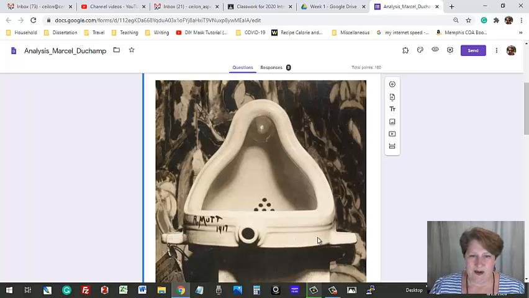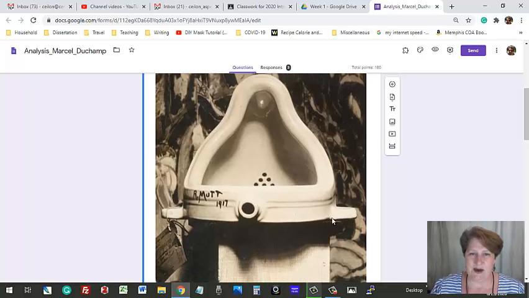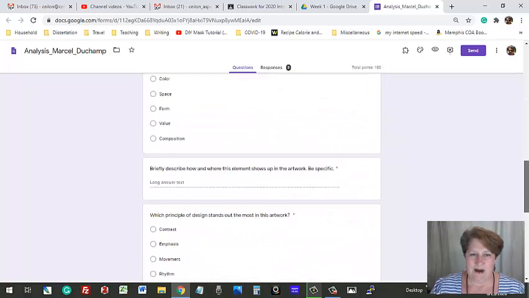This white urinal is standing out against this dark background. Also, we have contrast between white and this dark shading in the back. We also have contrast between this slick, shiny, smooth surface and this rough, textured surface in the background. Okay? And those two things together highlight the urinal and make it stand out in the picture.